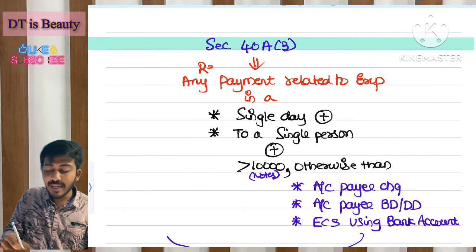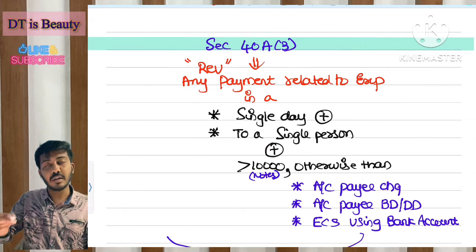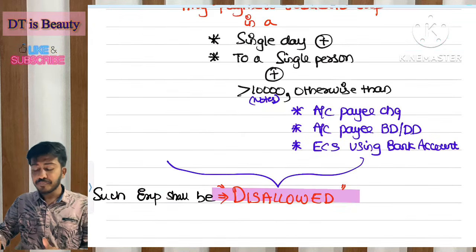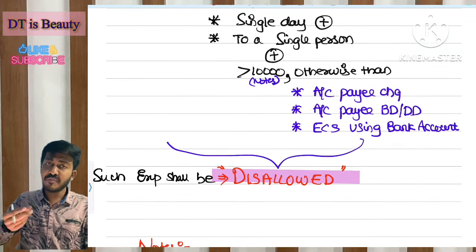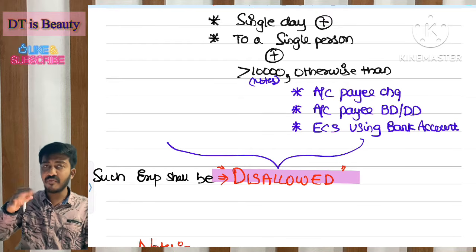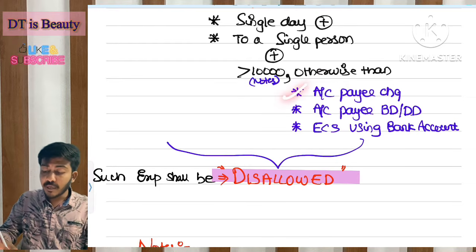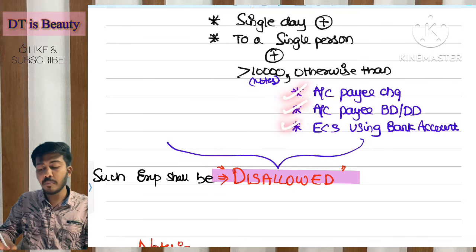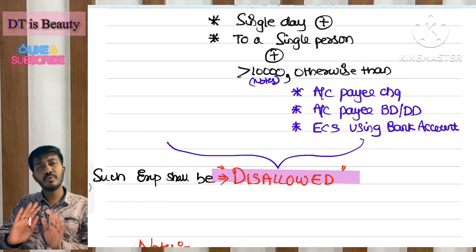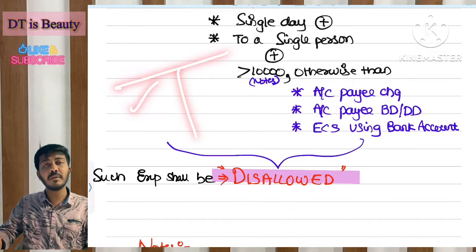Remember, only revenue payment is covered under this section. Simple. Which means if you make it in cash, it is disallowed if it is greater than 10,000. If it is greater than 10,000 but you are making it by account payee cheque, account payee bank draft or electronic clearing system, no problem, it is a tick in the P&L.